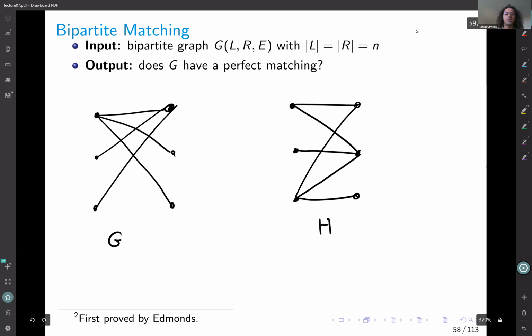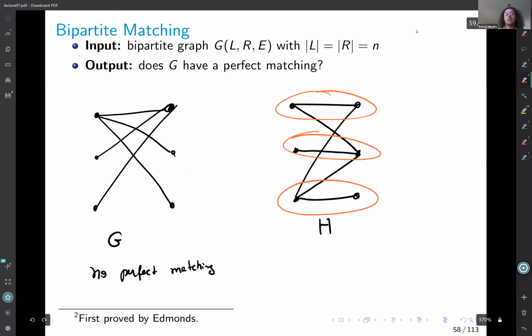Well, G does not have a perfect matching, no perfect matching. And H has a perfect matching. I could have matched like this. A matching is a disjoint set of edges, the edges must be disjoint, and a perfect matching is one that covers all the vertices.